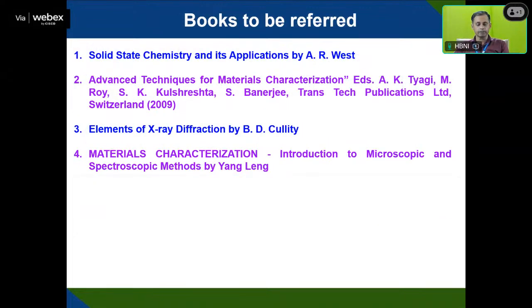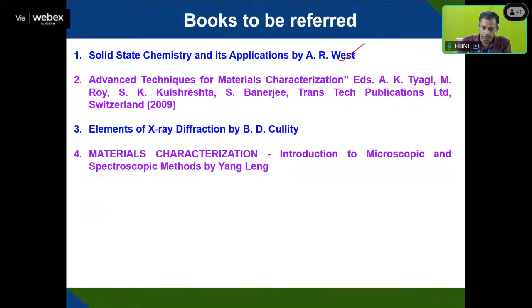One is Solid State Chemistry and its Applications by A.R. West. These books are not only for XRD, they cover the whole characterization module, whatever I will cover in my next six lectures. The books are: Solid State Chemistry by A.R. West, Advanced Techniques for Materials Characterization by A.K. Tyagi and Dieter, Elements of X-ray Diffraction by B.D. Cullity, and Materials Characterization: Introduction to Microscopic and Spectroscopic Methods by Yang Leng.